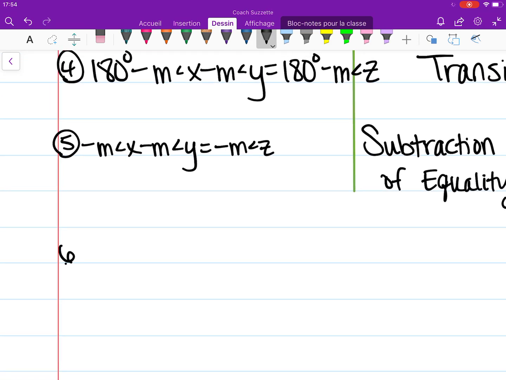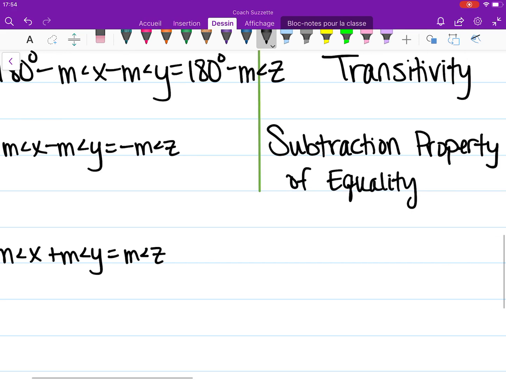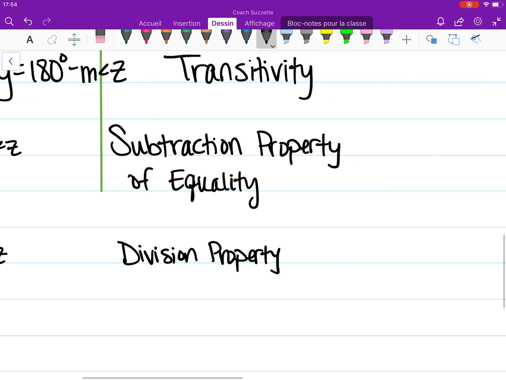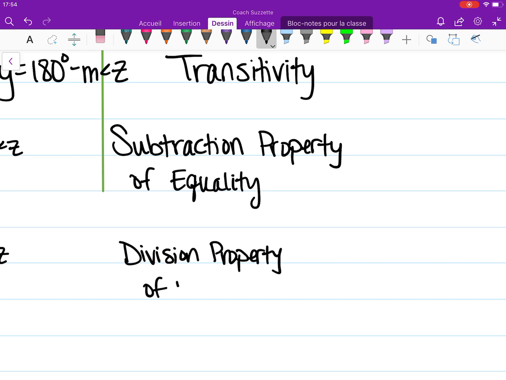And let's write out what we have. That was legit by the division property of equality, which tells us that if we divide both sides of an equation by a non-zero number, we have an equivalent equation.